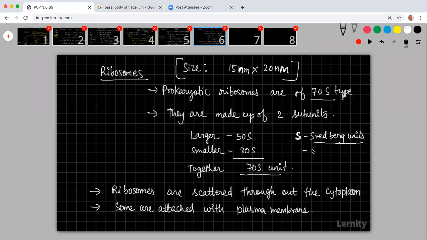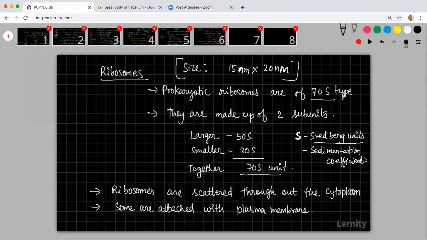It is called the sedimentation coefficient. It's Svedberg, see the spelling, I have written it properly.